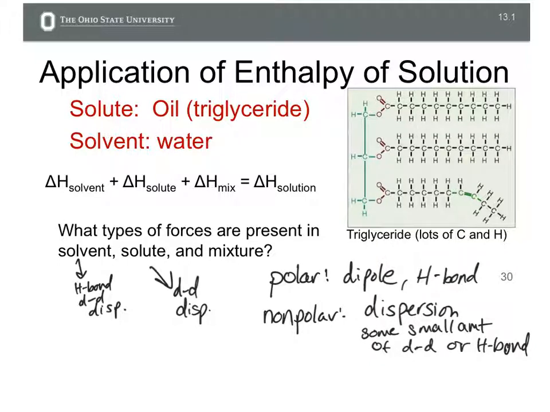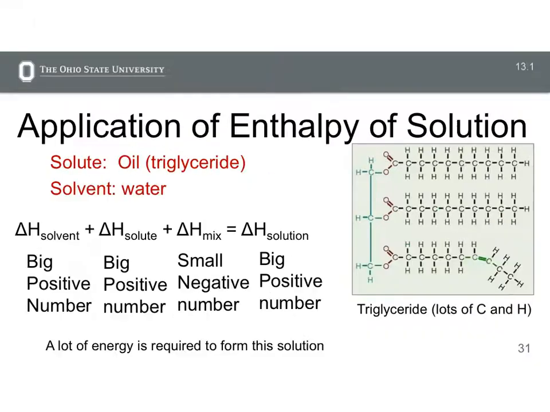Okay. I think at this point you might be saying to yourself, well, how do we know how much? And I don't have a good answer for you for that because it's not really something that we can quantify in that way. Here, we'll take a look at our delta H's. For the solvent, again, we're going to have a positive value of delta H. For the solute, positive value of delta H, we got to break apart oil, we got to break apart the water.